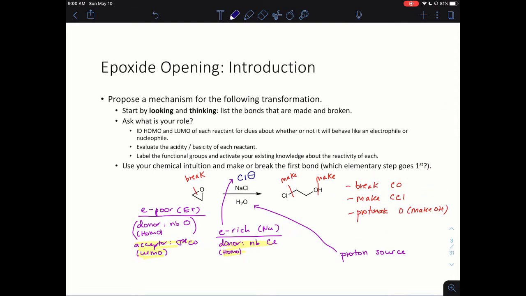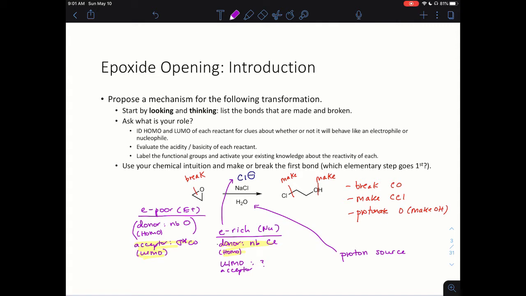So let's use a HOMO-LUMO analysis. We can be pretty sure, due to the negative charge on chloride, plus we're recognizing now that chloride is a nucleophile. So this is going to act as our electron-rich species using its HOMO, which is its non-bonding pair of electrons. It's a little bit unclear what the LUMO is, what the acceptor is for this ion, and it doesn't really matter because it's not going to act with its LUMO.